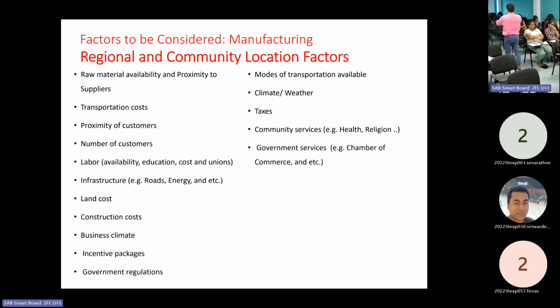Accordingly, they decide, okay, now South Asian region, within South Asia there are a few countries, so we have to locate based on some of these factors plus some other relevant factors. Raw material availability and proximity to suppliers will be one main thing, especially in manufacturing, and other factors. Quickly go through and check that you can understand them. I'm going to describe each and every point, thinking you can understand it.